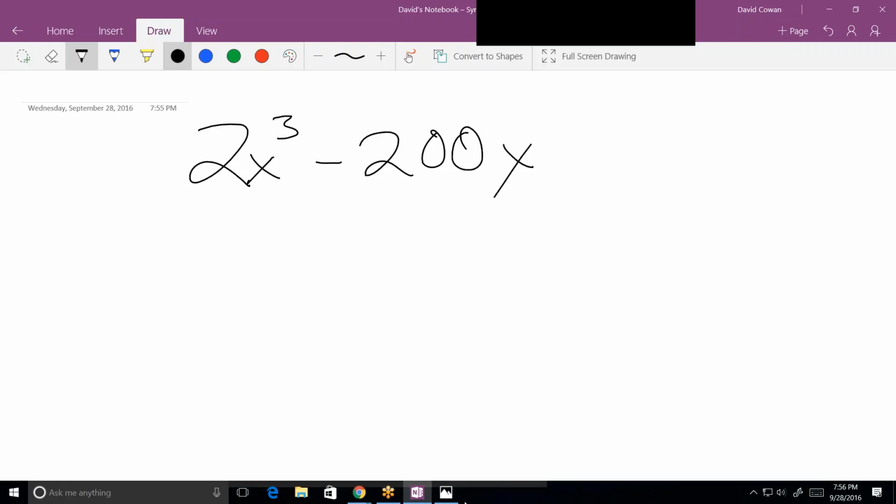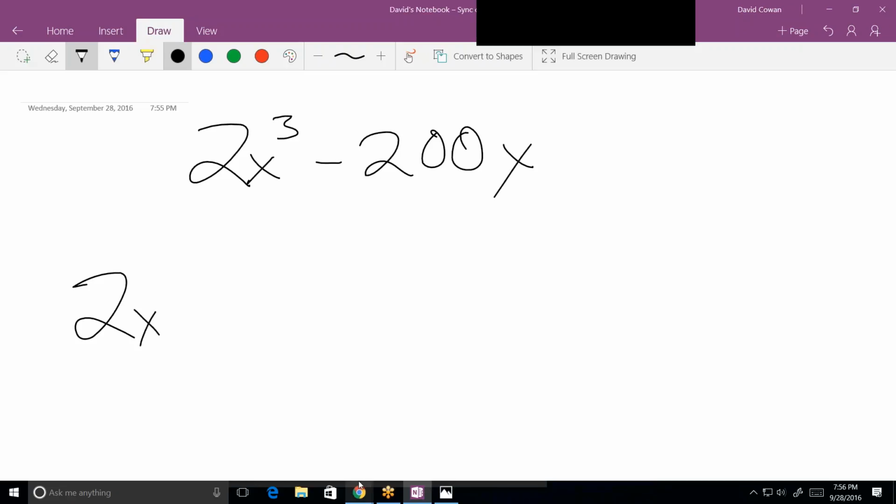What's the greatest common factor? Always look to that first. 2. Actually, no. 2 what? You always leave the variable out. Whenever I ask you about greatest common factor, you find a number, but the greatest common factor is actually 2x.